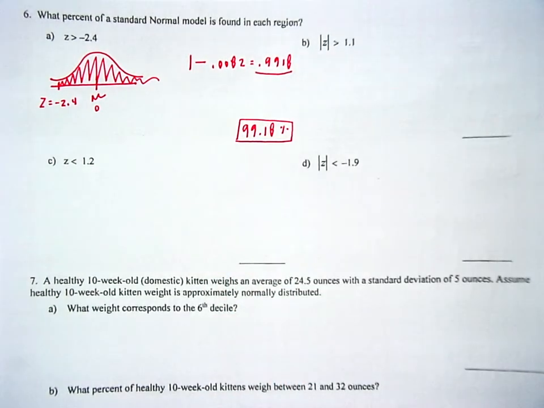Okay, here absolute value of z is greater than 1.1. So it's really telling you it's the magnitude. So it's saying that the distance from the mean, where the z-score is 0, is more than 1.1 z-scores or standard deviations away from the mean.